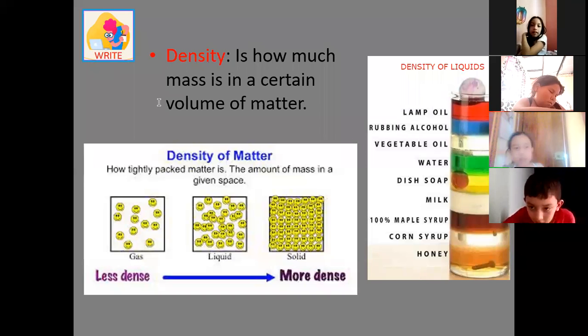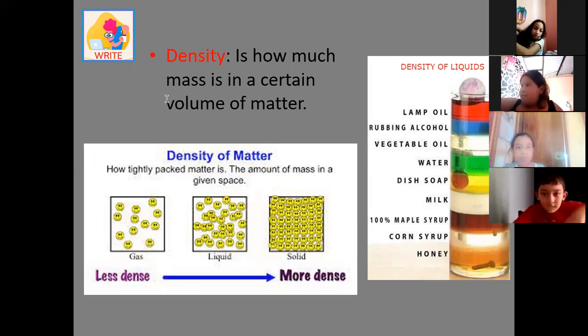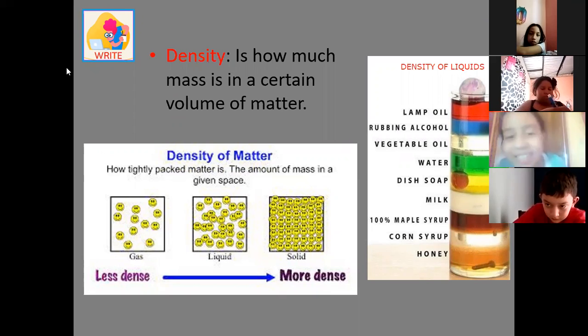So the second liquid is corn syrup. Corn syrup is used in bakery. Se usa bastante para repostería. Es sirope de maíz.